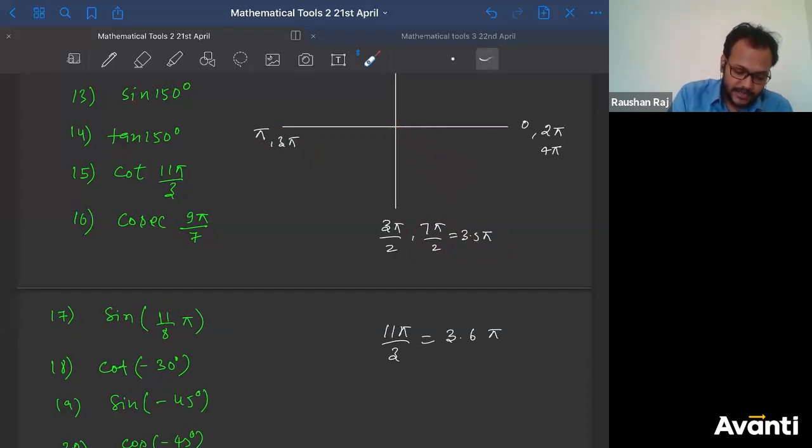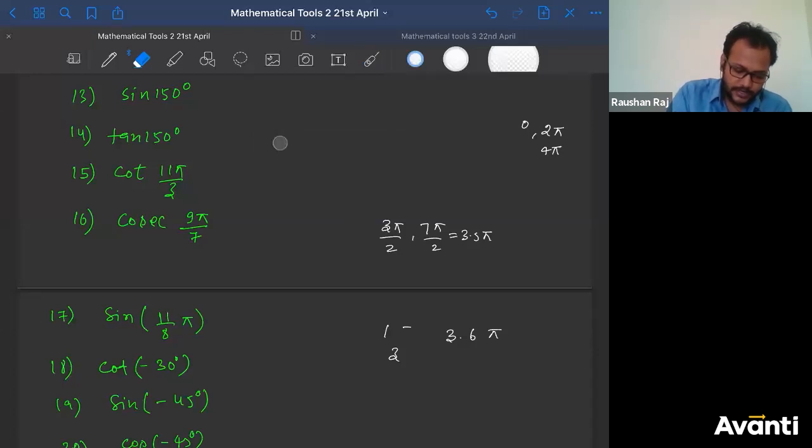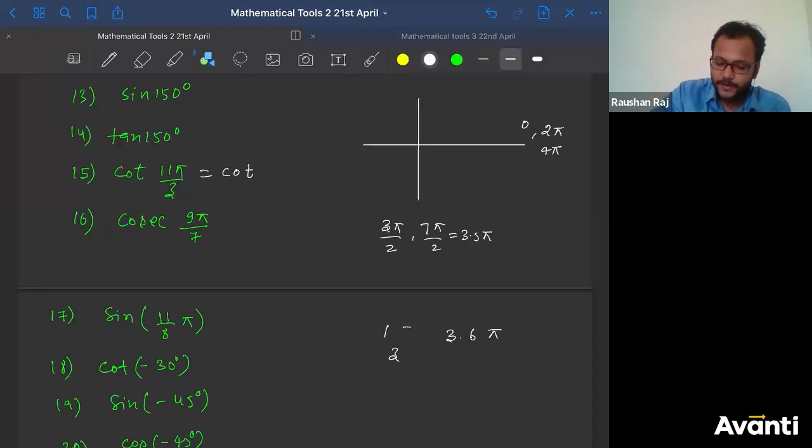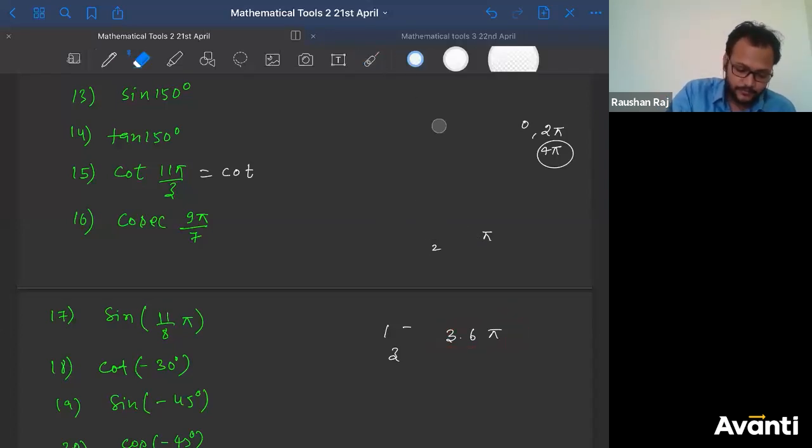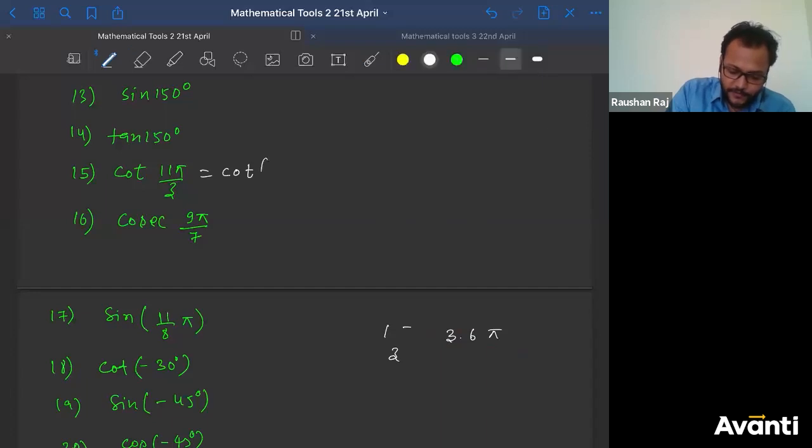अभी क्या करना है? I can write this as cot of. Now I know fourth quadrant बना, तो fourth quadrant क्या था? ऐसा था. This is 4 pi, and this is the quadrant in which the angle is lying. That means the angle is less than 4 pi. This is greater than 3 pi, and this is less than 4 pi. But this angle is nearer to 4 pi. तो क्या करेंगे इसको हम? So I'll write this as cot of 4 pi minus some angle theta. ठीक है?